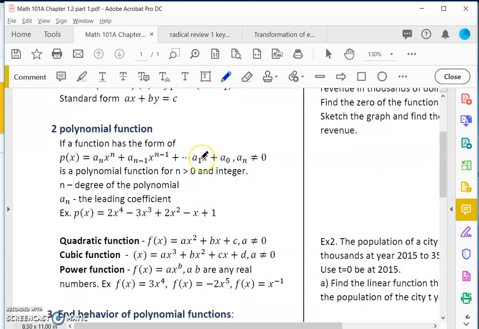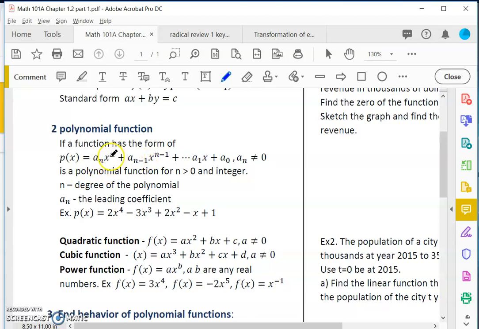Polynomial functions are functions that are in the form of a_n x^n plus a_(n-1) x^(n-1) plus all the way to plus a1 x plus a0, which is a constant. So why is it called a polynomial function? All these exponents of x are integers greater than or equal to 0, and each of these a_n, a_(n-1) are constants.